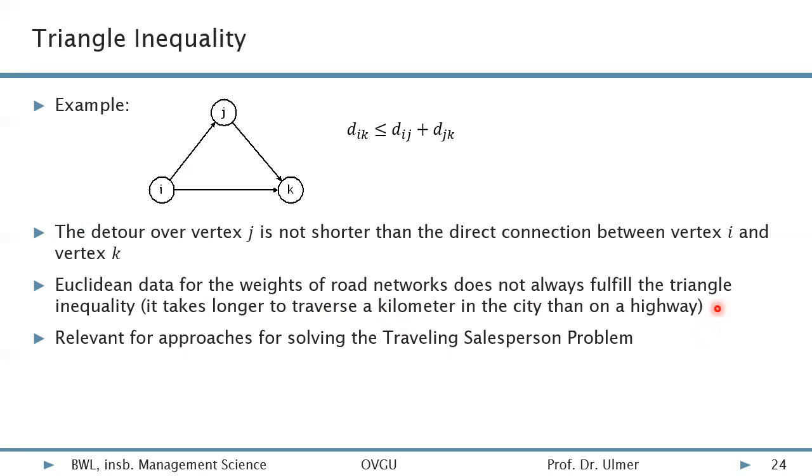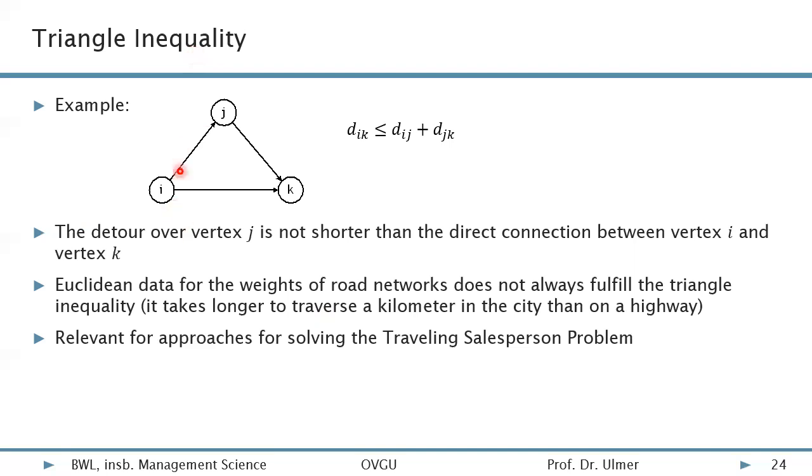Another example: if you go by bike up a hill, sometimes it's better to go around it than to try to get directly up, or if you hike. But in most of our networks, because we often consider street networks, the triangular inequality holds for distance. For travel time it does not need to hold, but if it doesn't, we can repair that. How we repair this, we will learn in some later lectures.